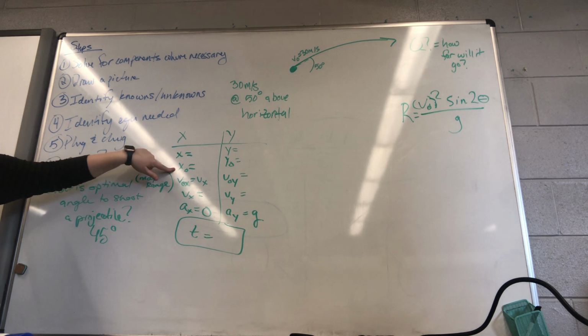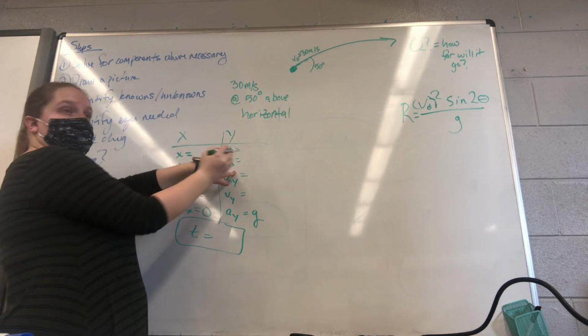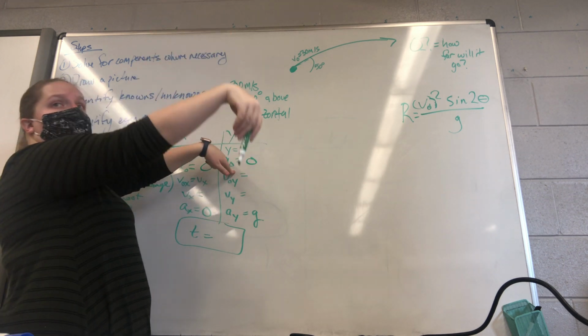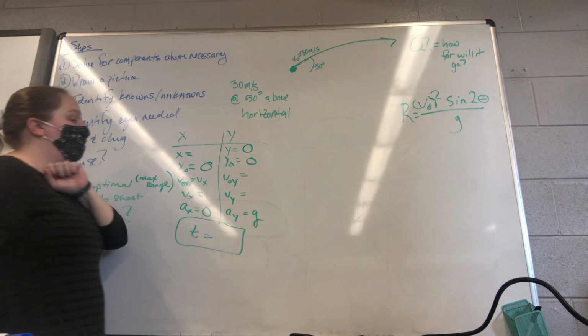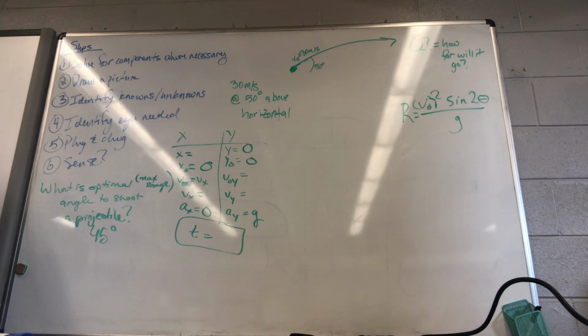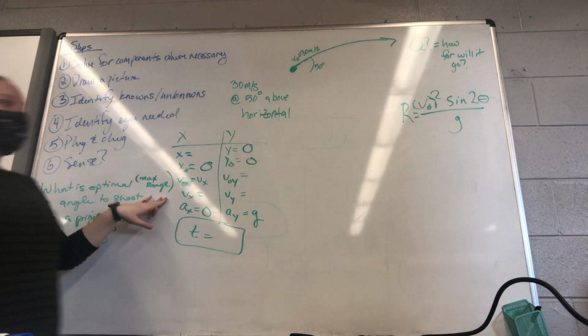What do we know about x naught? 0. What do we know about y naught? 0. It's going up and coming back down, right? So what is y? Also 0. What other pieces of information can we garner from what we were given? We can find our components, right? We can get v naught x and v naught y. And v naught x also equals final x, so let's do that.